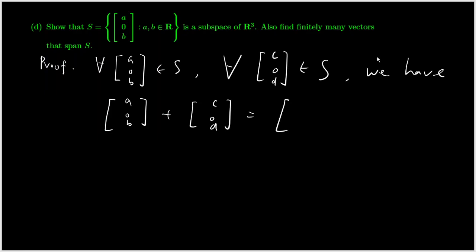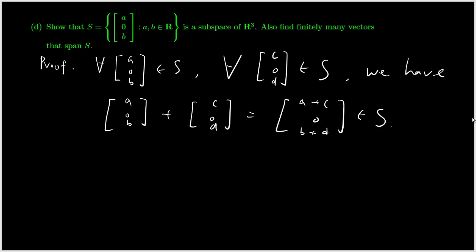The first component is A plus C, right? The second component is 0. The third component is B plus D. To check if that's a vector in S or not, you just look at the second component. As long as the second component is equal to 0, then that's a vector in S. That's indeed the case, right? Now look at the mouse cursor. The second component is 0, so that's a vector in S.